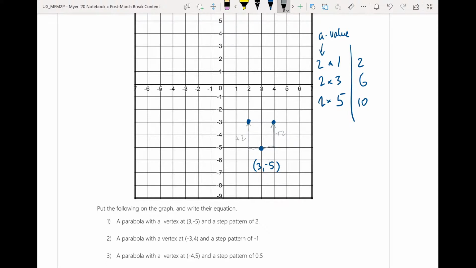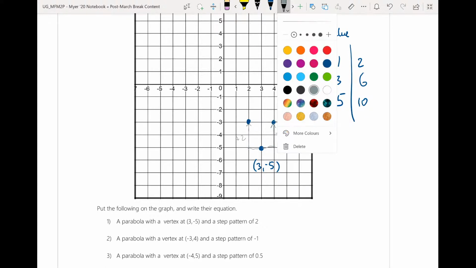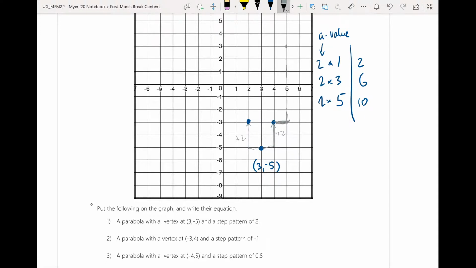So our next step would actually be over 1 and up 6. 1, 2, 3, 4, 5, 6. And that's on both sides. So if we were drawing this parabola to complete it, it would look like this.